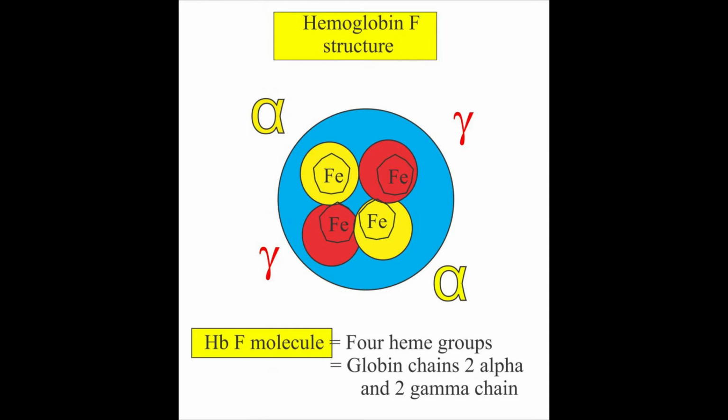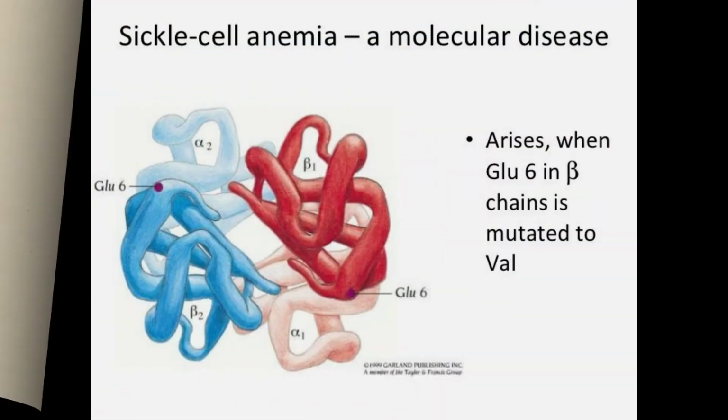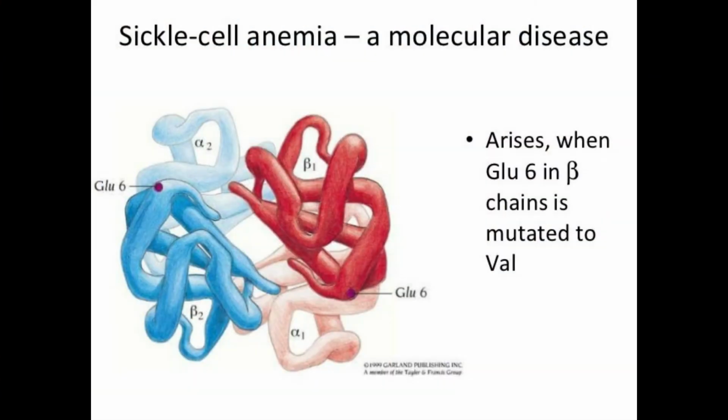So, in a baby, by the age of 6 months, the baby's hemoglobin F will be converted over to hemoglobin A. So the hemoglobin F molecule has 2 alpha and 2 gamma chains. And that's the main difference between hemoglobin A and hemoglobin F.